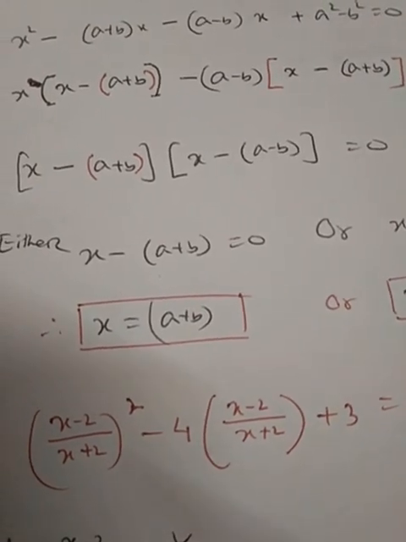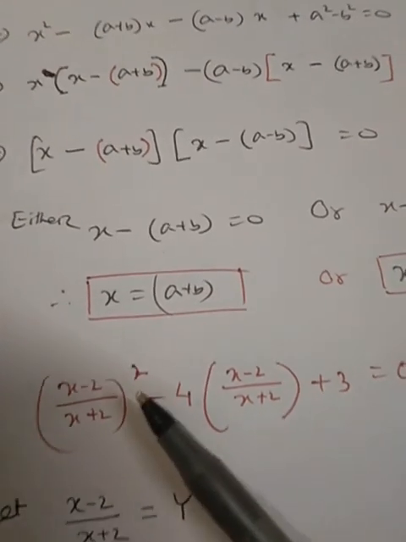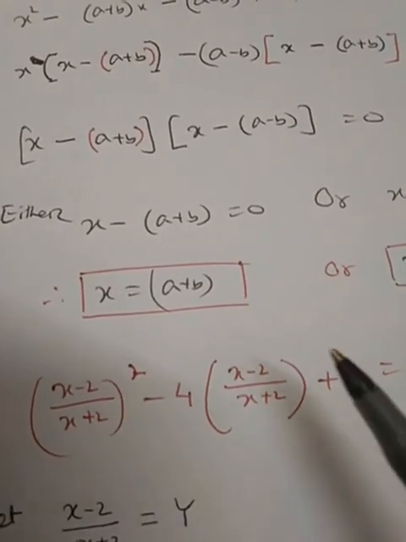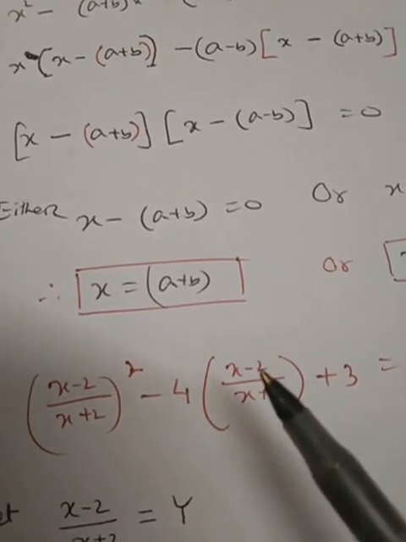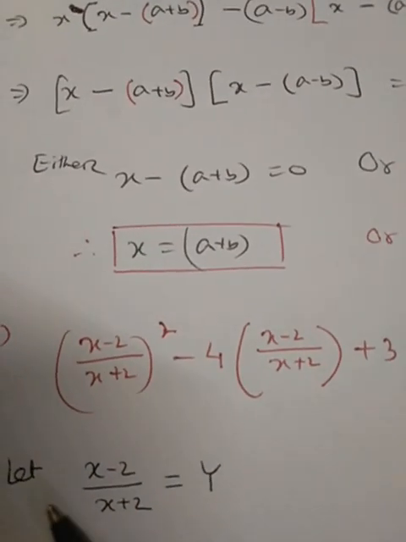So instead of this we can go for some other process. As you can see, this term and this term are the same, so this we can replace by another variable, that we have done here.